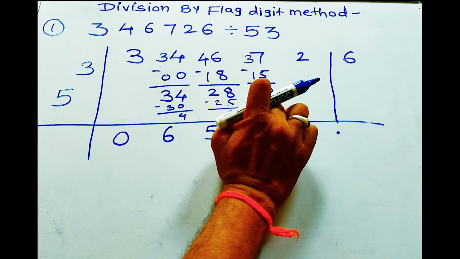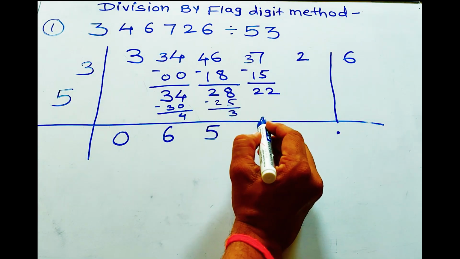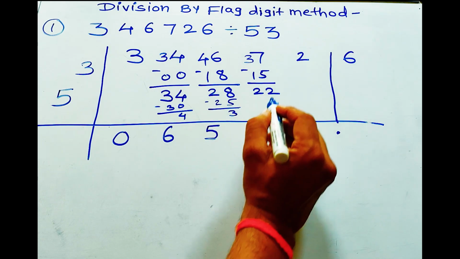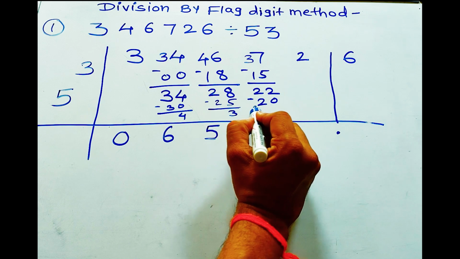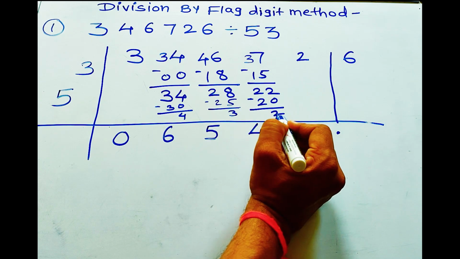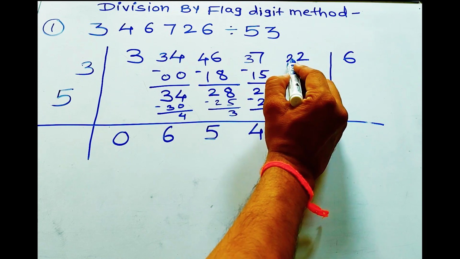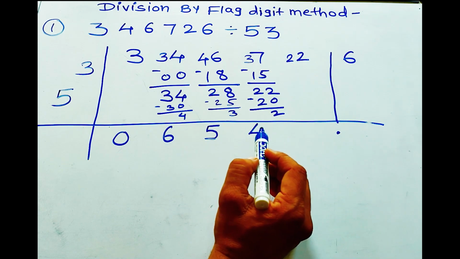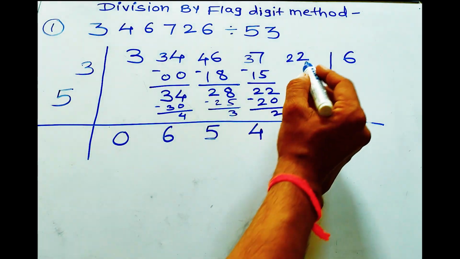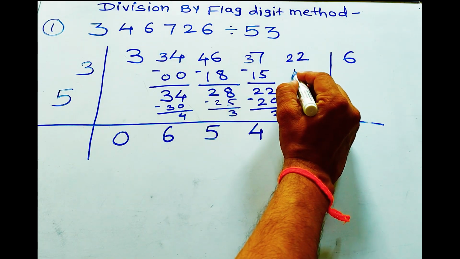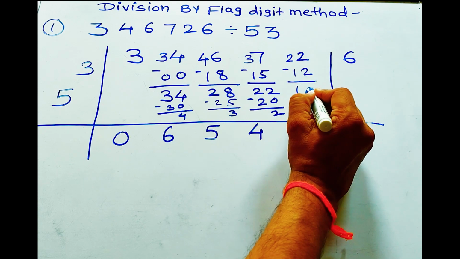Now we have to divide this 22 by 5. So 5 4s are 20. Write 4 here. 22 minus 20 is 2. Write this 2 as carry here, so 2 and 2, 22. Again the product of 4 and 3, 12, which we write below 22. 22 minus 12 is 10.